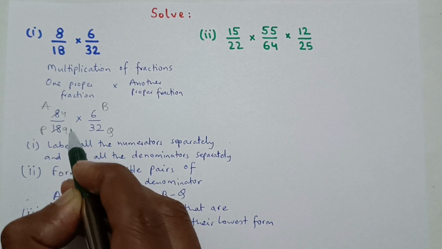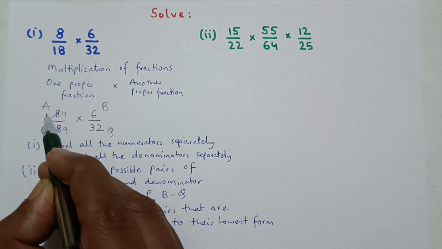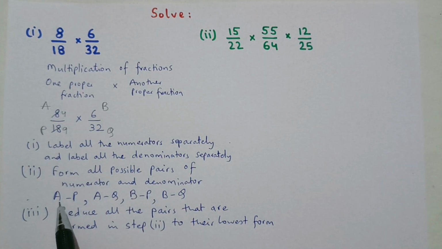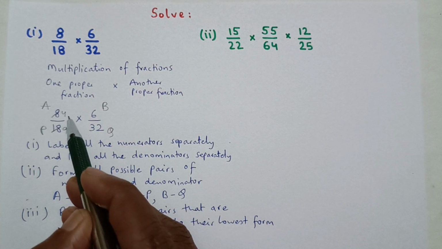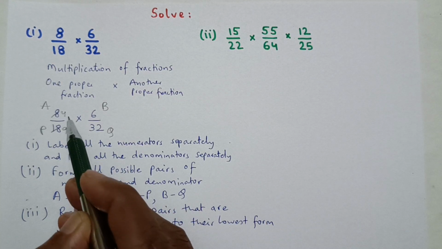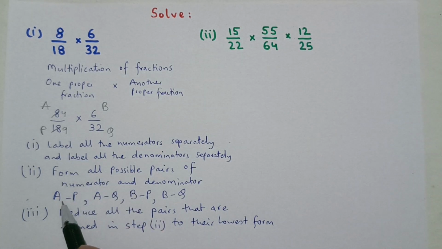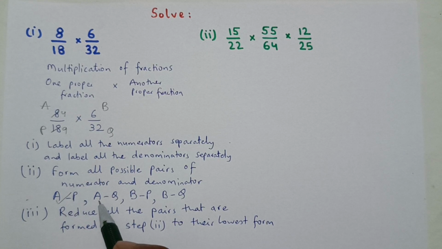So this is the lowest form of AP. So I have reduced this pair to its lowest form. So this has been solved. Now the next pair is AQ.